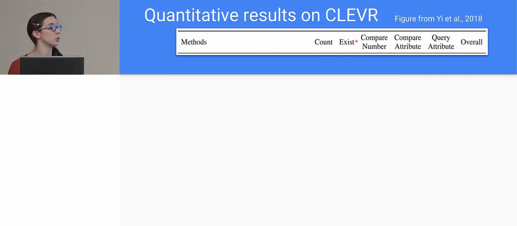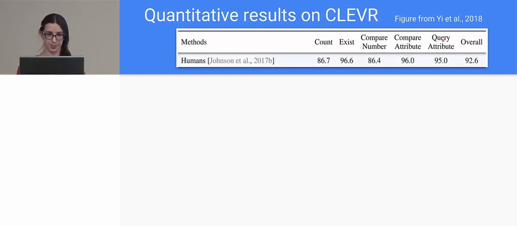The exist questions are the ones that ask, is there a sphere behind the cube? Compare number questions, of course, ask are there more than or are there less than? Compare attributes ask if things are the same shape or the same color. And query attribute questions are asking what is the material or what is the color. So we have these 5 kinds of questions.